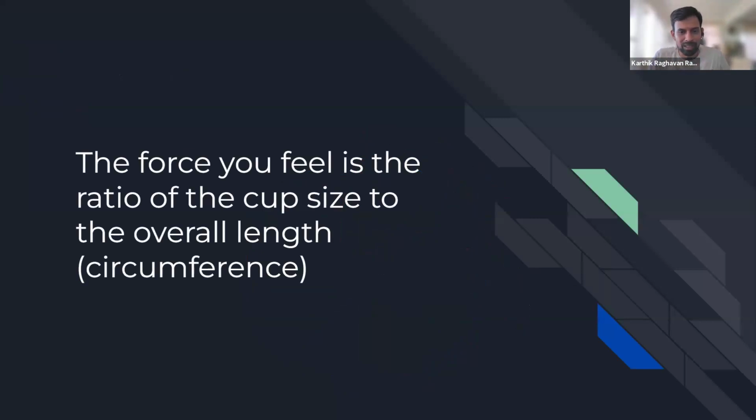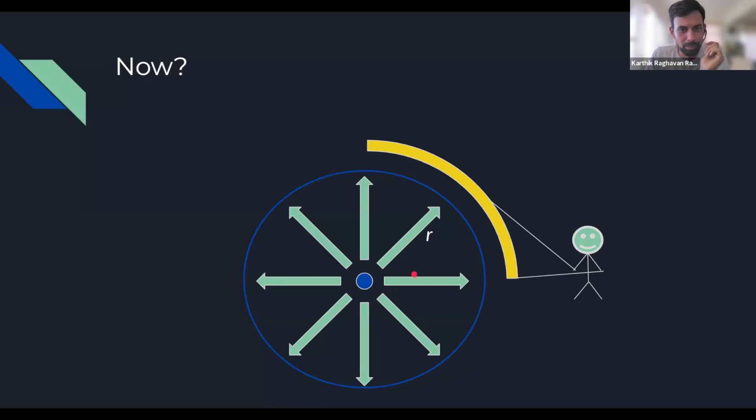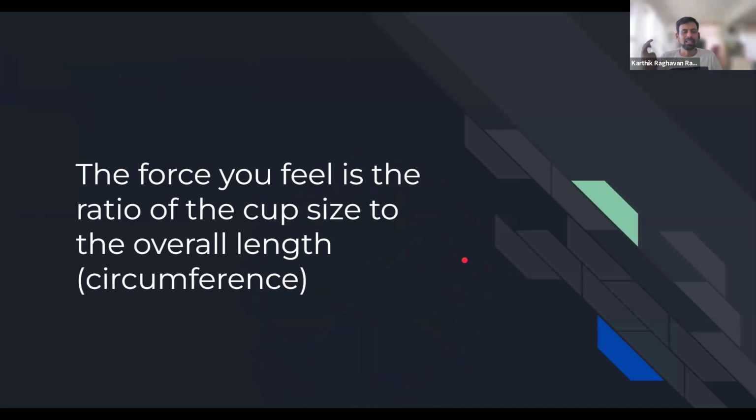For the younger kids, I'm referring to it as the perimeter of the bubble, which is the blue circle here. The older kids will know of this as the circumference of the circle, correct? So if this is half and this is quarter, then the generalization of this expression is that the force you feel is the ratio of the cup size to the circumference of the circle, right? If you have just 1/8 of the circumference as your cup size, you will feel 1/8, correct?